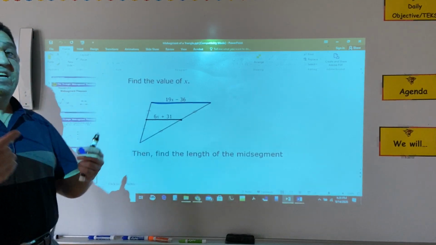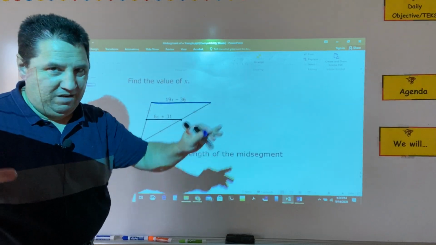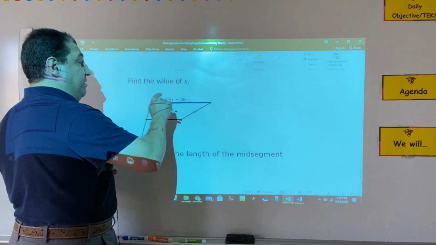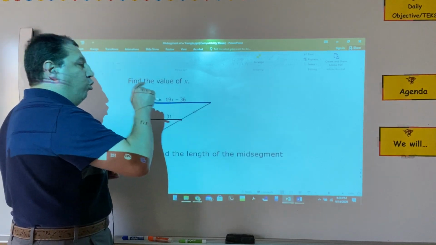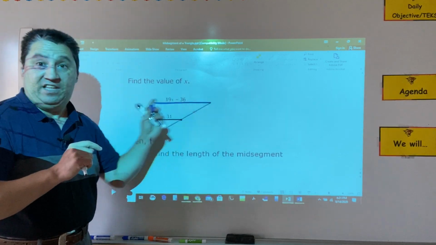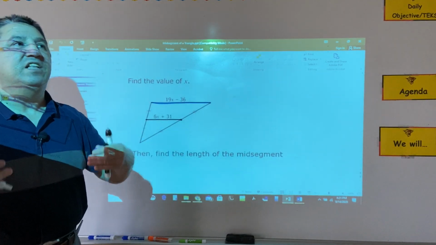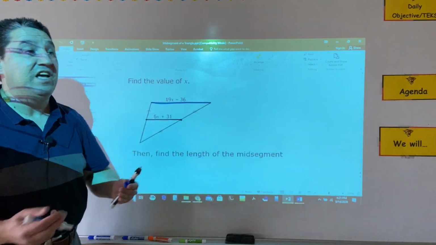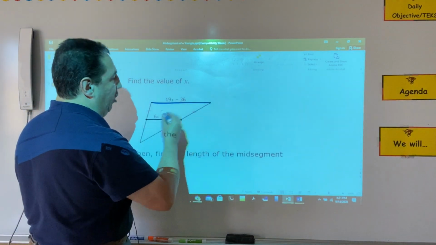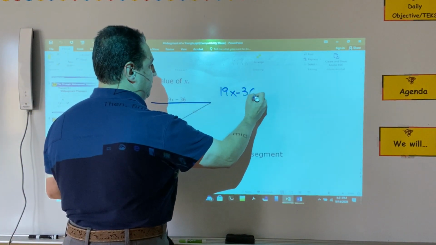Now, as I mentioned before, in order to avoid confusion and mistakes, I suggest to always start with the longest side, which is this side in this case. So we have to set up the equation, because we need the value of x. So we start with the longest side, 19x minus 36.